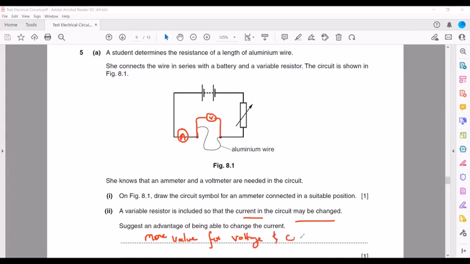So as a result, when we have more values for voltage and current, it will be an advantage. Why will it be an advantage? Because by changing the value of voltage and current, we can repeat the experiment and improve the experimental accuracy.